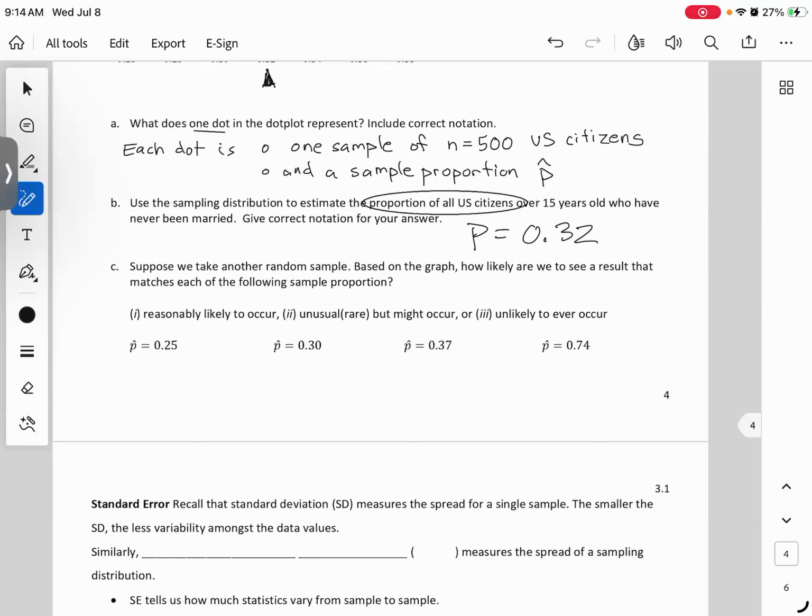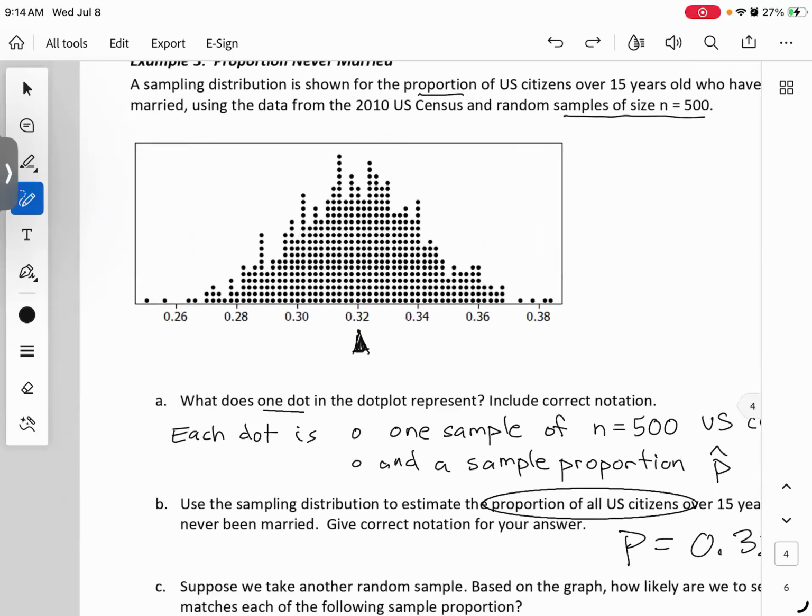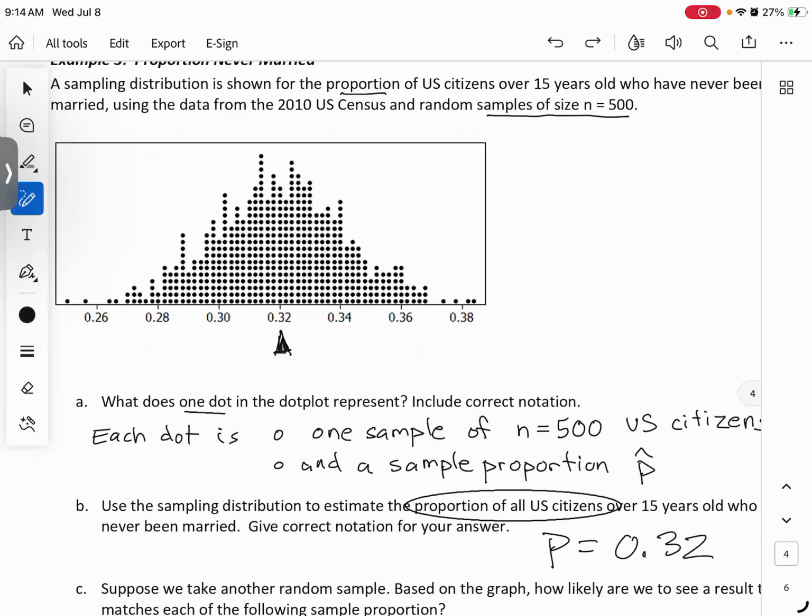Now, suppose we were to take another sample, one more, and how likely are we to get something like 25%, 30%, 37%, and 74%? So here's what I want you to do with this. I want you to do what we would do in the past, our 95% interval.